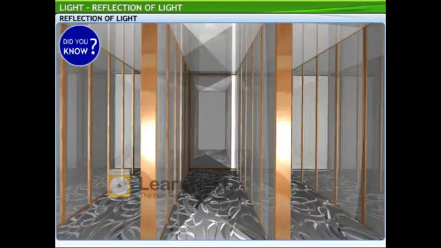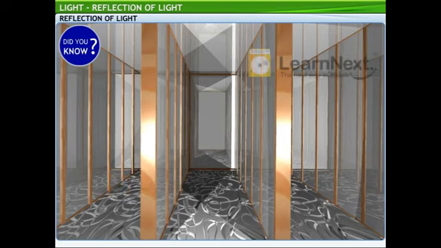Whenever a person enters the mirror maze, he sees several images of himself and several passages in front of him. However, only one passage is real, while all the rest are just images. So a person ends up bumping into mirrors trying to find his way out.